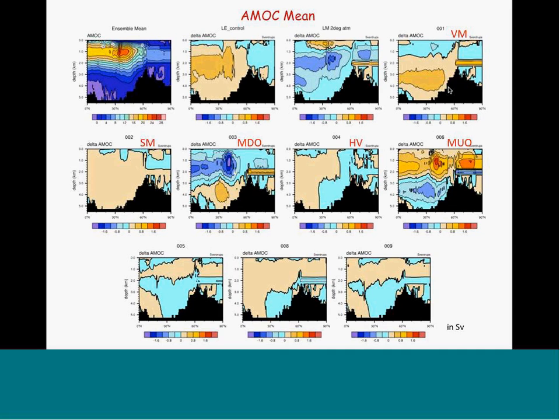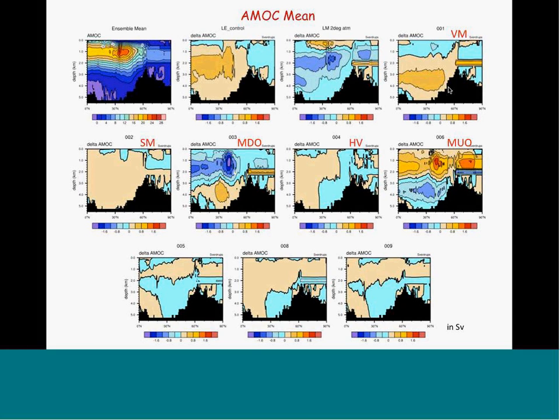This is to show the AMOC mean states. These are 50-year means. The upper left shows the AMOC mean state from the control simulation. The other panels show the differences from the AMOC mean state in our perturbation experiments.